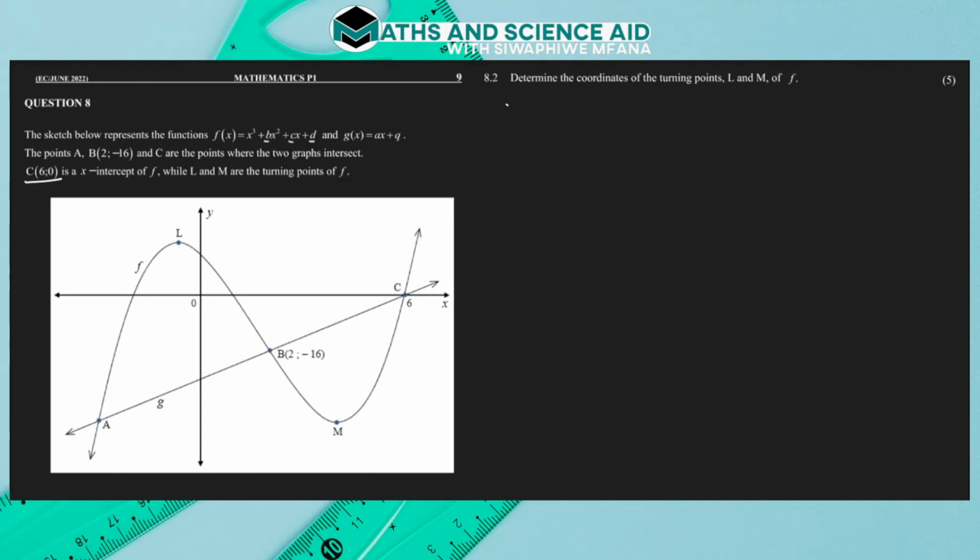So in this case, we already know what the first derivative is from 8.1. That was 3x squared minus 10x minus 8. So we simply need to make this 0 and then solve for x.